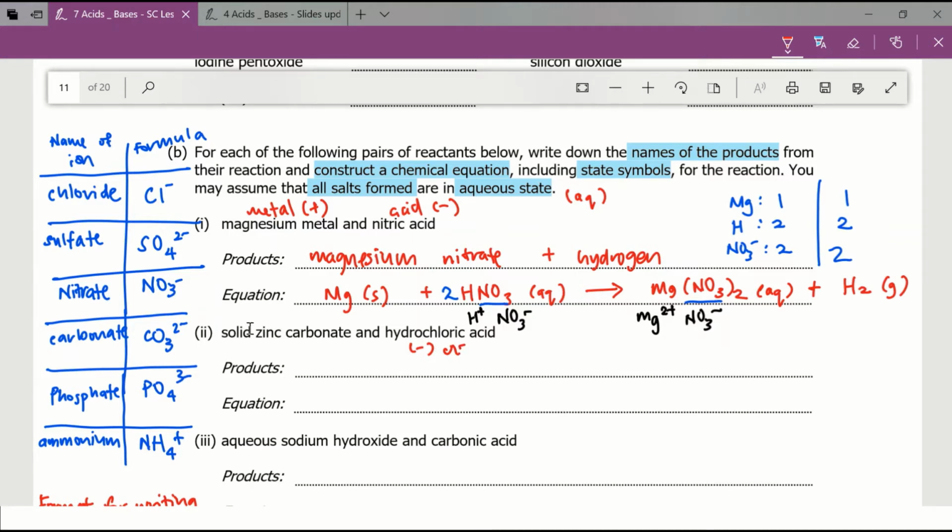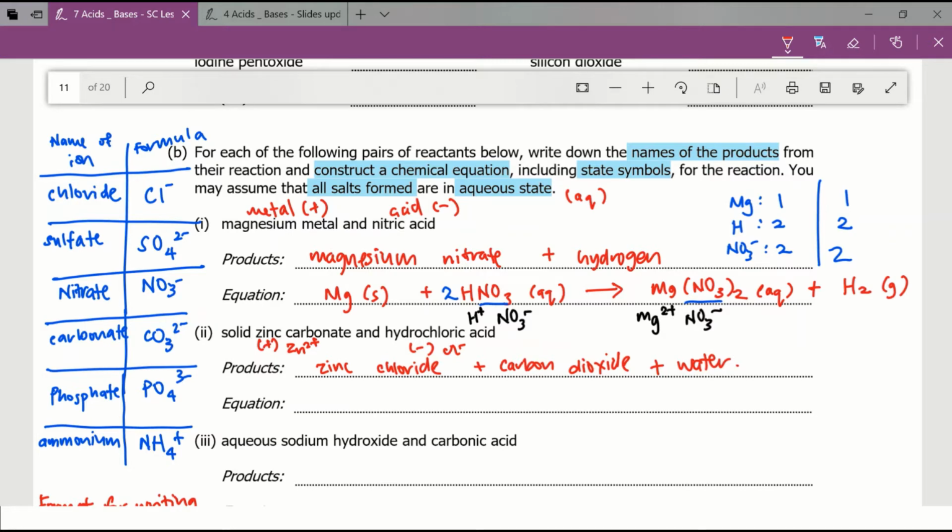For zinc carbonate, we will obtain the positive ion, and that is the zinc ion. So our salt that is formed will be zinc chloride. And the other two products will be carbon dioxide plus water.